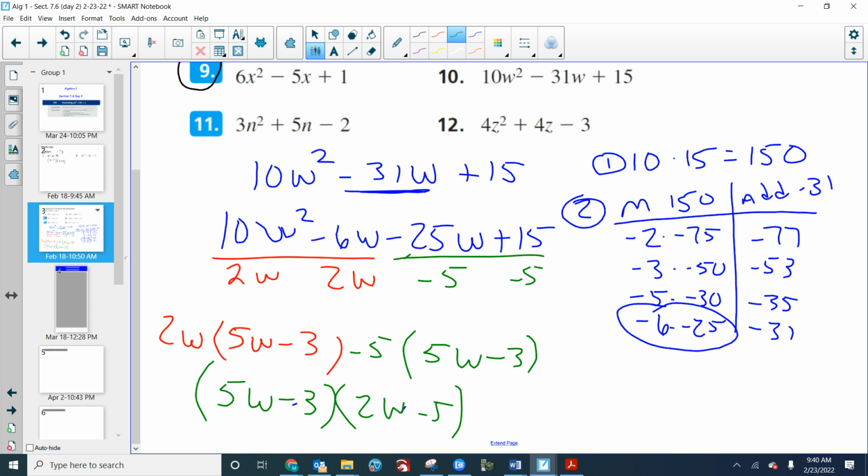Mr. Westfall needs 1, 2, 3. Makana, give Mr. Westfall 3 papers when you're done, because that's how many people are absent.